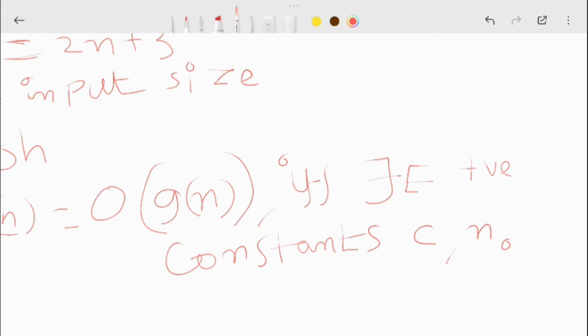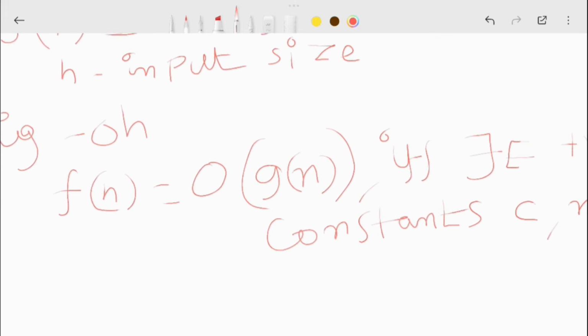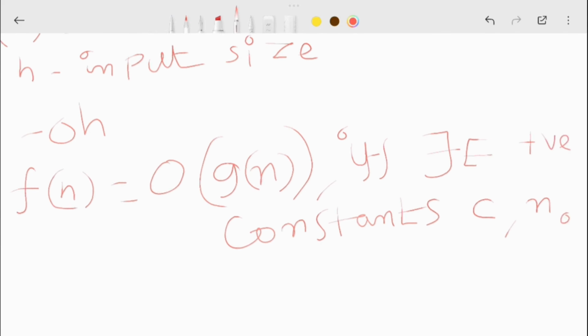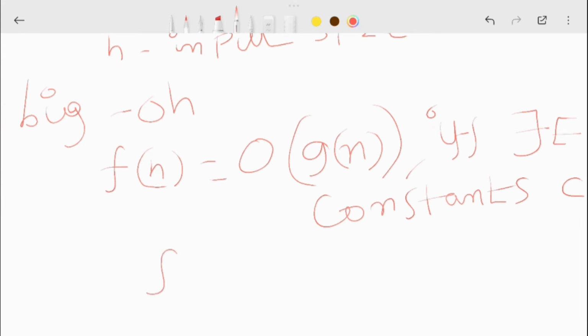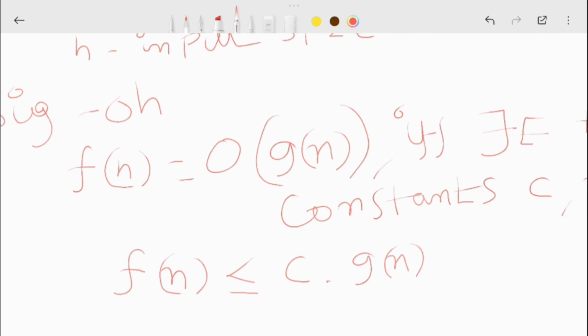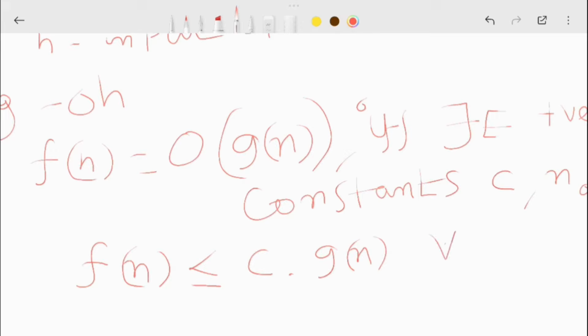The big O notation of function f of n can be written as big O of g of n if and only if there exist positive constants C and n0, such that f of n should be less than or equal to C into g of n for all the values n greater than or equal to n0.